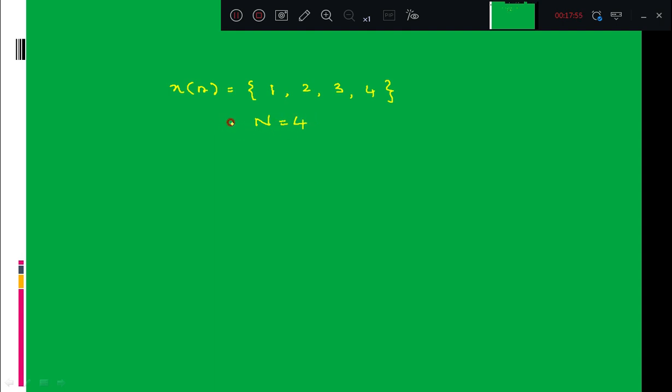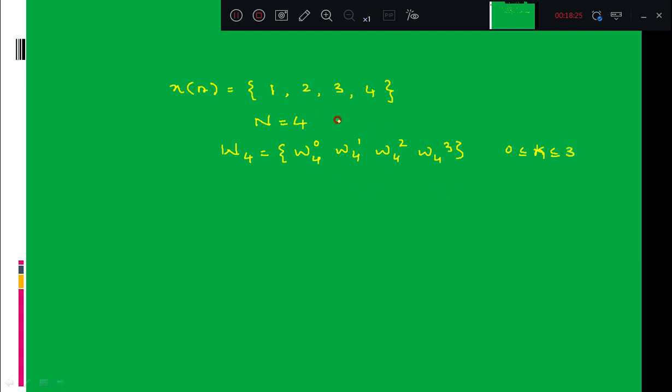So how many values will you get in the complex sequence W_N? You will get W_4 raised to 0, W_4 raised to 1, W_4 raised to 2, W_4 raised to 3, that is 0 to N minus 1, which means 0 to 3.